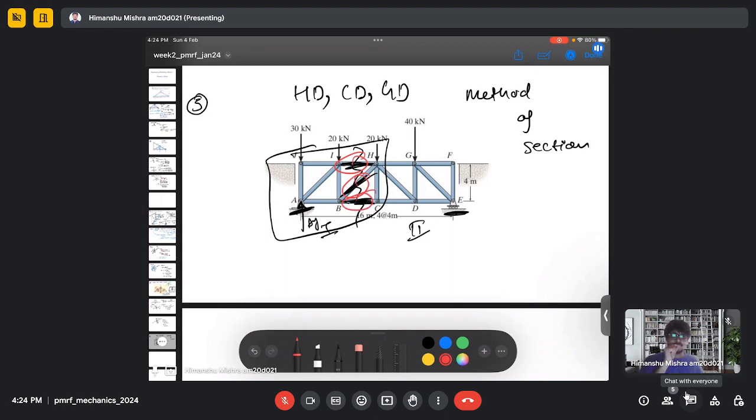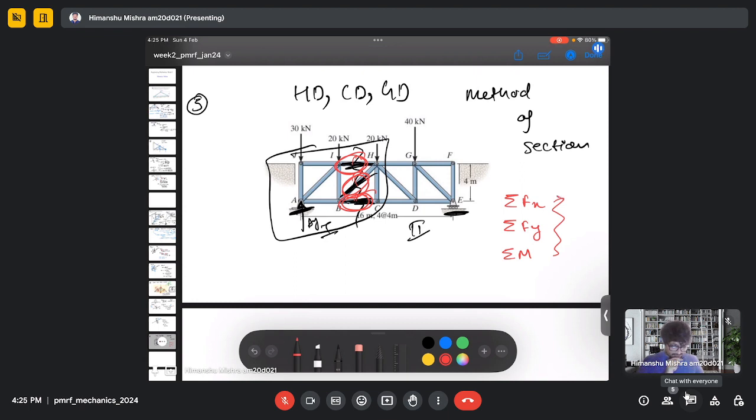We try to cut at most three members because to solve for the force in each member, we require a separate equation. We use force balance in the horizontal direction, force balance in the vertical direction, and the moment balance equation. So at most we can use three equations to solve for the forces.